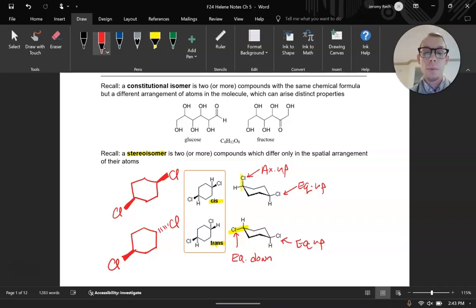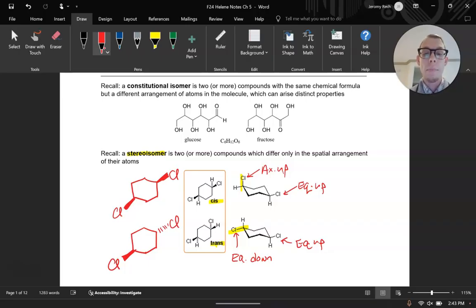The very first one, that cis isomer, has a lot of 1,3 diaxial interactions because it's going to have an axial up, whereas this trans, being two equatorial, is going to be a lot more stable. And the only thing that we changed is purely the direction or the location of where that chlorine was. It's still on the exact same carbon. We can call it carbon 1 or carbon 4. All it did is go from an up to a down position. And that can have a huge impact on properties.